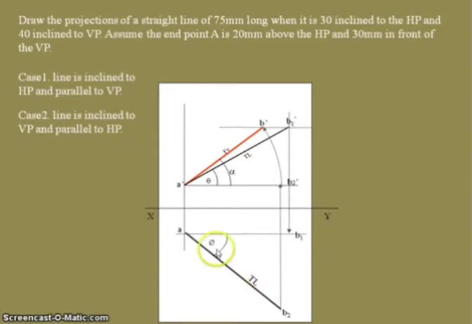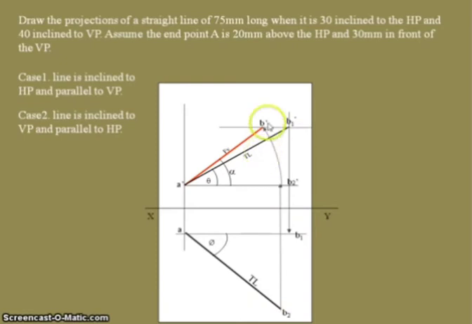Here also, for drawing the final top view we need to make use of the top view obtained in the first case. In the first case, the top view we obtained is A to B1. So the distance A to B1 we need to take as a reference for getting the final top view. Otherwise we can directly locate the end point B by drawing a vertical line from B dash.